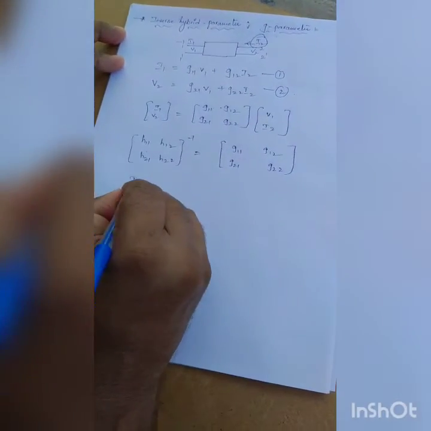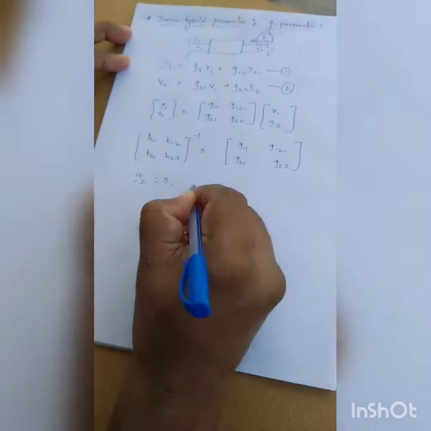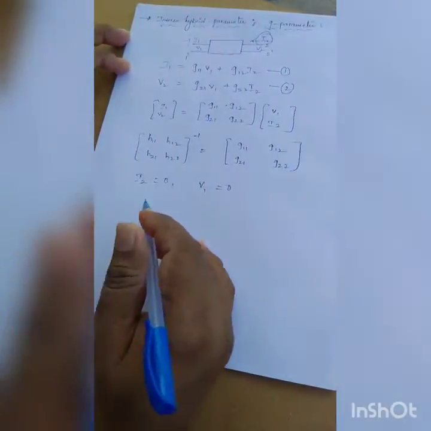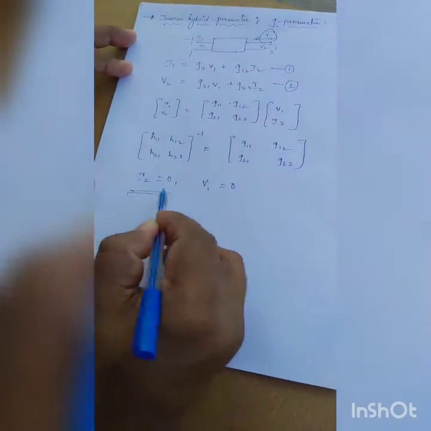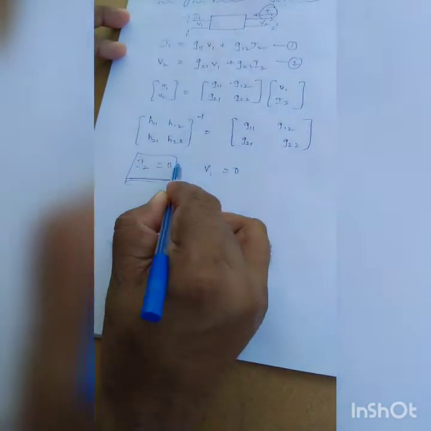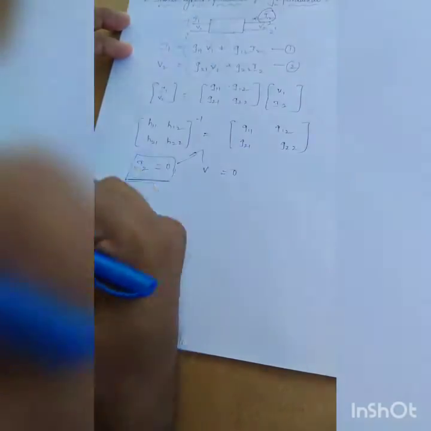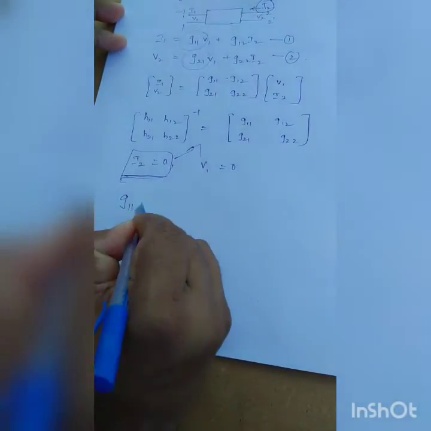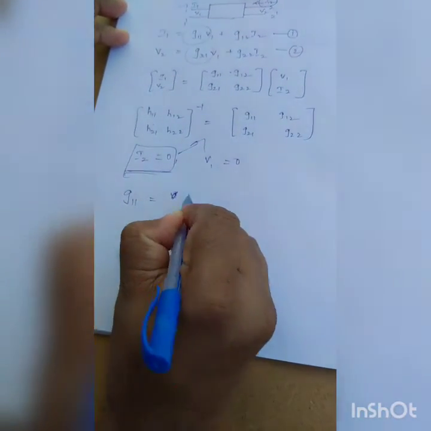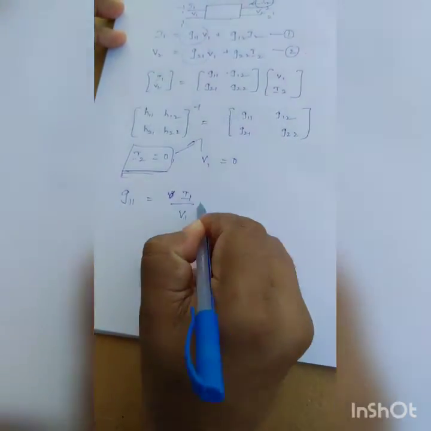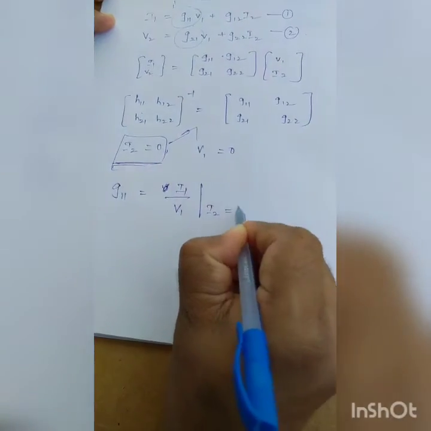Then I2 is equal to 0, same as V1 is equal to 0. By using these two, first of all we set I2 equal to 0, then we have to find out the G11 value, G21 value. G11 is equal to I1 by V1 at I2 is equal to 0.